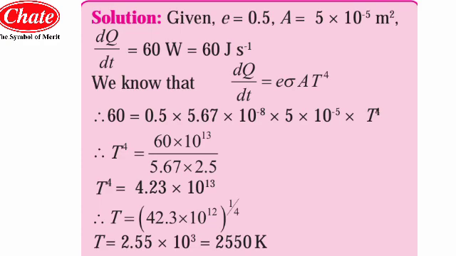So students, we have the value of dQ by dt, that is the heat energy radiated per unit time, is 60, is equal to, now we have the value of emissivity also, it is 0.5, and then we have the value of Stefan-Boltzmann constant, that is sigma, it is 5.67 into 10 to the power of minus 8. After that we have put the value of area, which is given 5 into 10 to the power of minus 5 into T raised to 4, means the value of absolute temperature, we don't have the value of absolute temperature, we have to calculate.